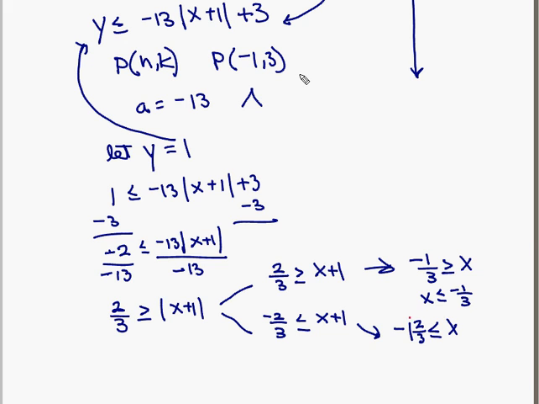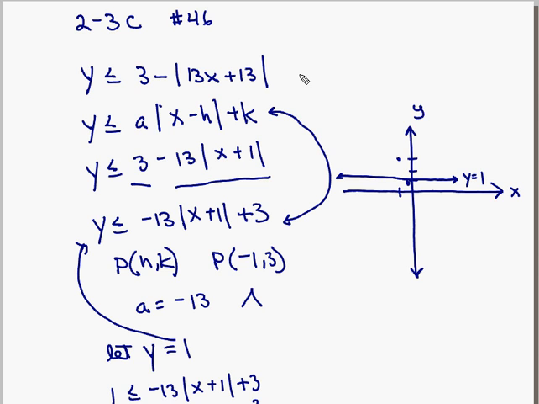All right, so the two places where the line's going to cross: here we have negative 1/3, so we're going to have a point here, negative 1/3, comma 1.